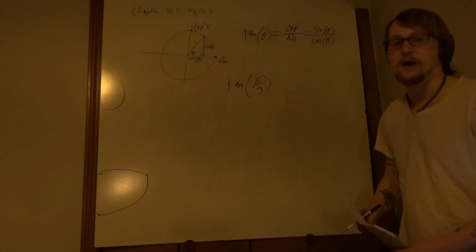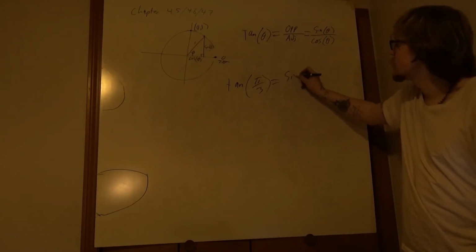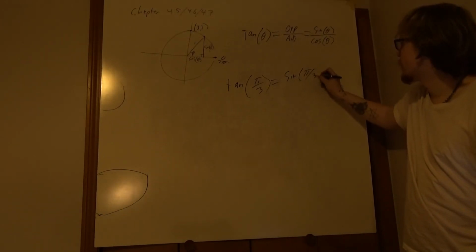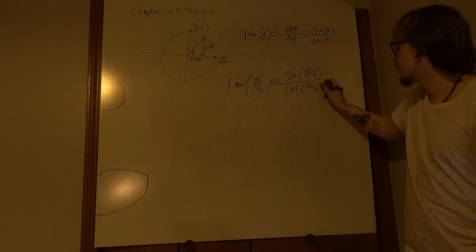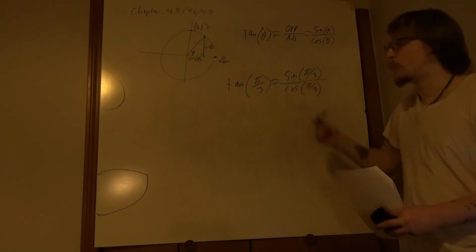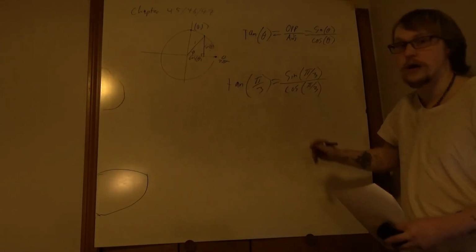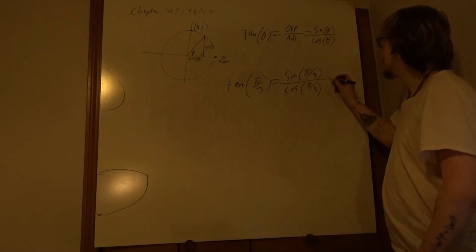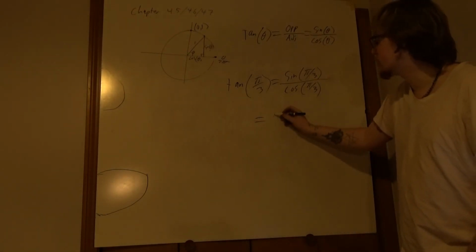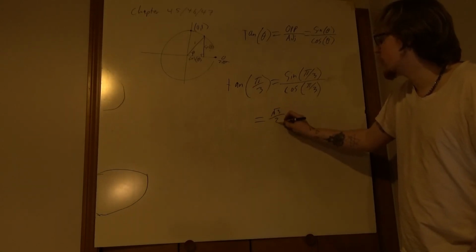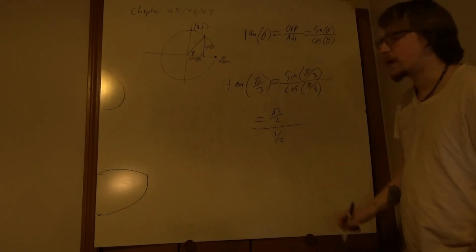So the tangent of pi over 3 by definition is going to be the sine of pi over 3 divided by the cosine of pi over 3. But we know what both of those values are, right? We know based on our equilateral triangle derivation that the sine of pi over 3 is going to be root 3 over 2, and the cosine of pi over 3 is 1/2.